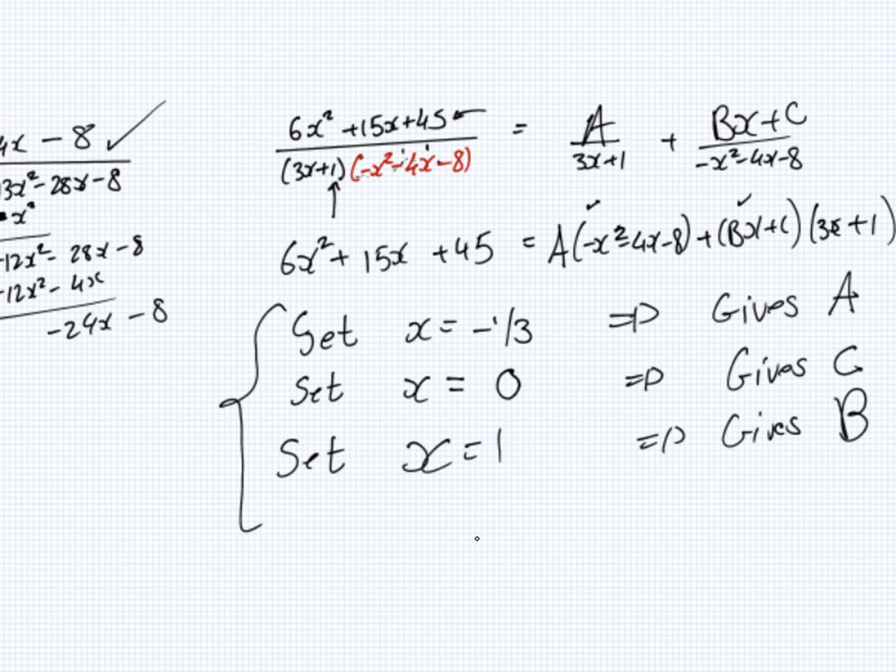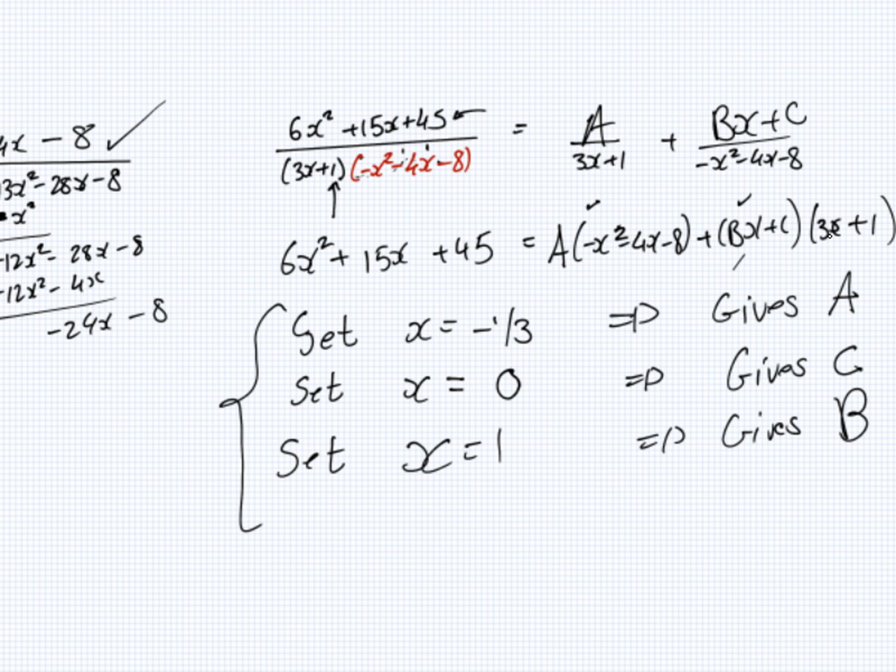Teacher, I think that I feel zero because I get A. No, because you still have C. I mean, we first get A, I first get B and C. If you put x equals 0 first, you'll have an A and a C. But if we put minus 1 over 3, we have only A. No, this is gone.